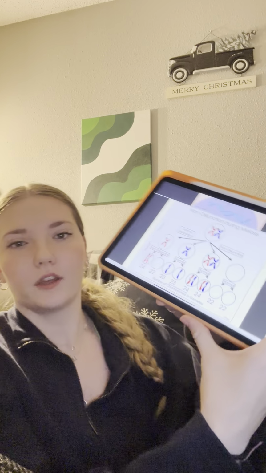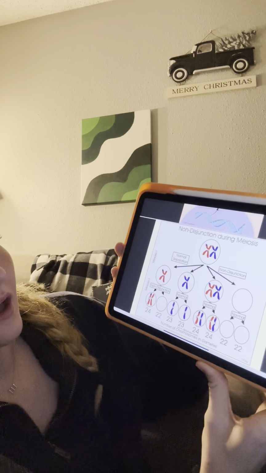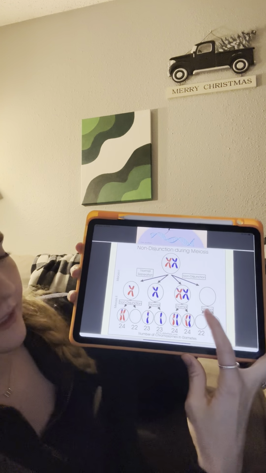And then there are negative mutations, which are obviously mutations that harm the organism. Sometimes they're life-threatening. Sometimes they just cause different things that make the organism less viable. And then here is a figure of a mutation that happens during meiosis. This is when the cells split.